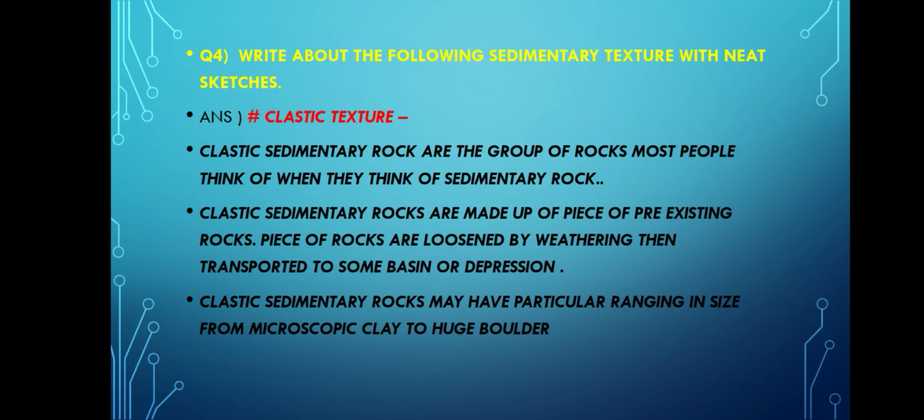Question number 4. Write about the following sedimentary texture with neat sketch. Clastic texture. Clastic sedimentary rocks are the group of rock most people think of when they think of sedimentary rocks. Next point. Clastic sedimentary rocks are made of pieces of pre-existing rocks.